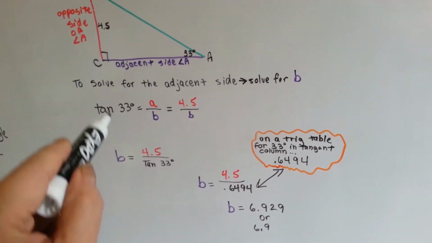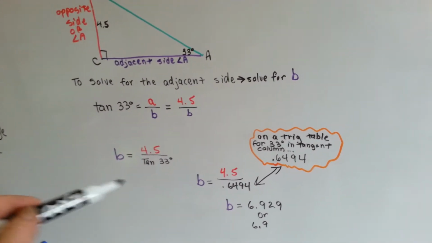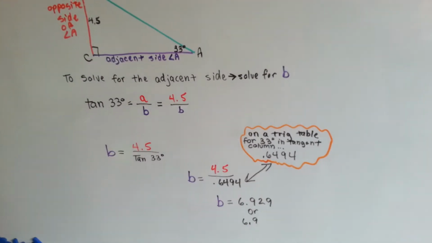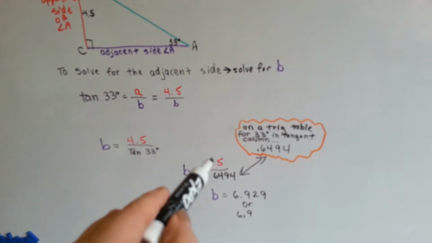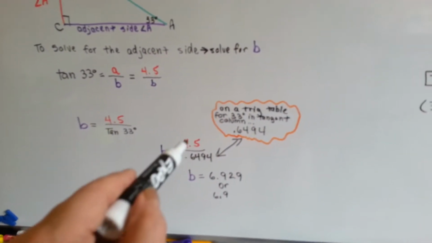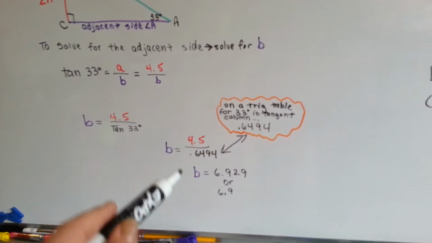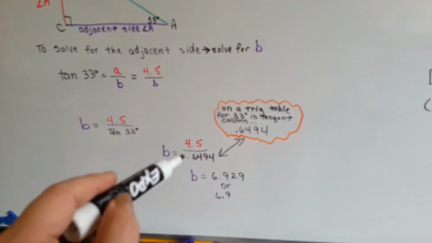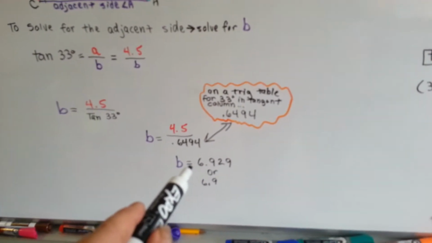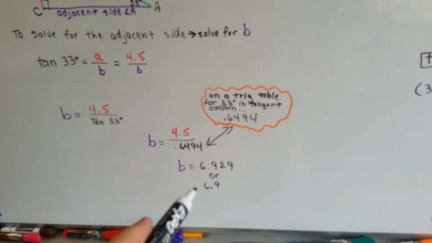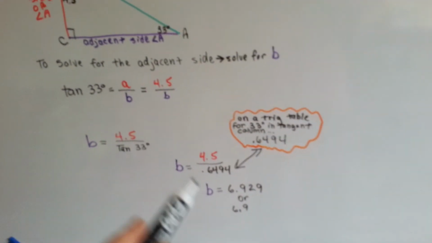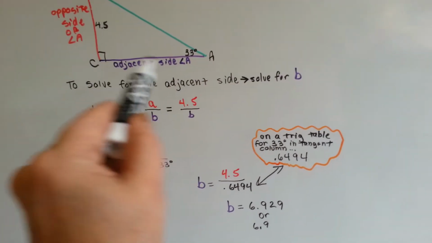Look down the column for 33 degrees, and when you get there, go across to the tangent column, and you'll see it says 0.6494. So that is going to go underneath here. When we do the division, because a fraction means division, we're going to divide 4.5 by 0.6494, and we end up getting 6.929, or we can just round it off and say 6.9. So we know that this is 6.9.